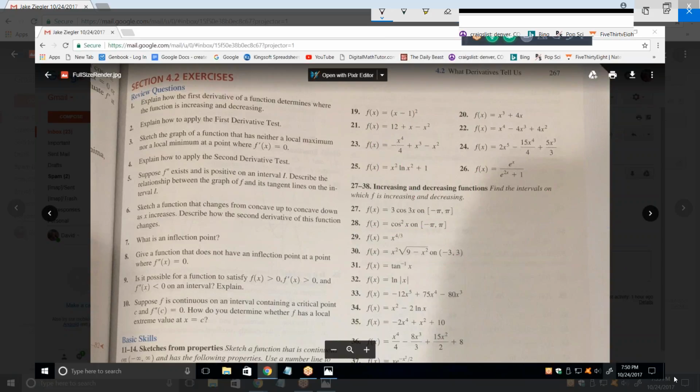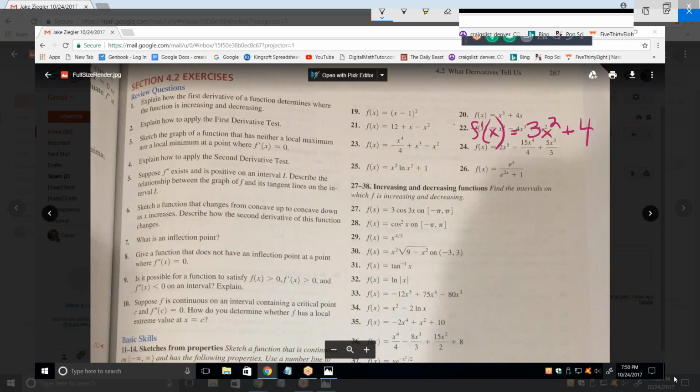Let's take the second one. Give me the first derivative of this, number 20. Now, oddly enough, I don't know how to graph that. It's not that easy to graph. What's the first derivative, first of all? It'd be 3x squared plus 4.